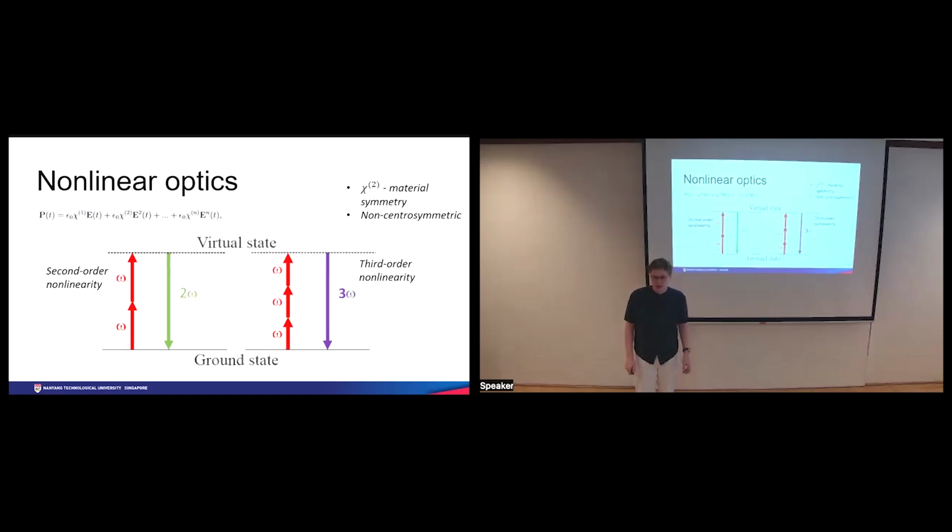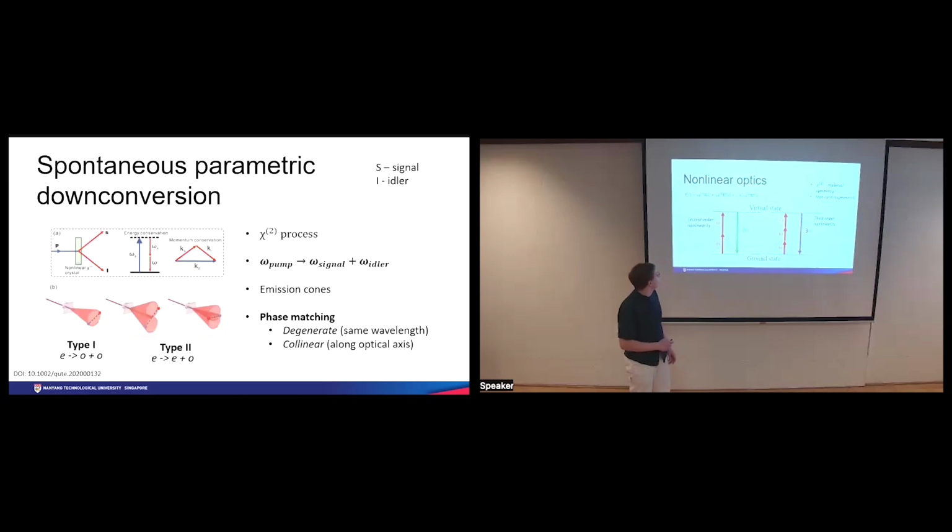We are working with nonlinear optics, so we are especially interested in materials which have a high second-order susceptibility. This is important because it basically dictates the nonlinear processes we can get from the generated light. And in the quantum regime, we are especially interested in SPDC, spontaneous parametric down conversion.